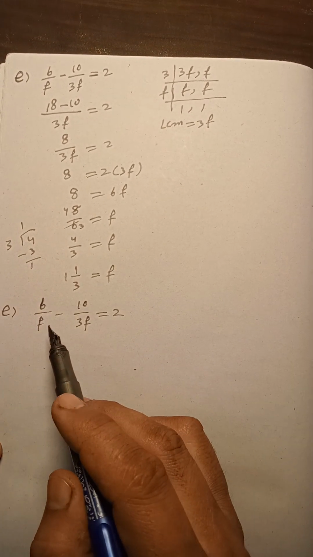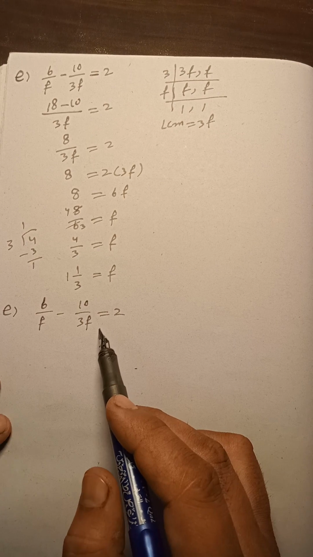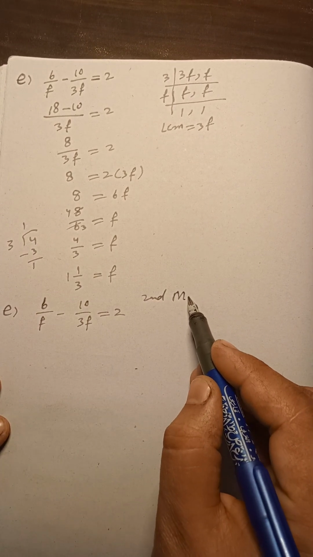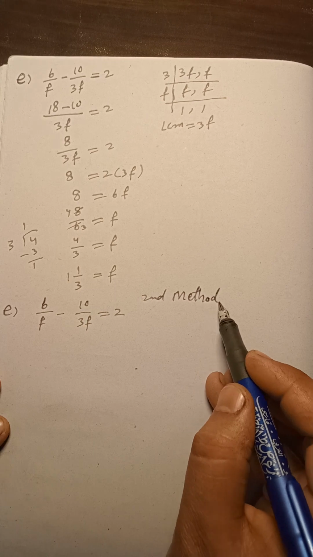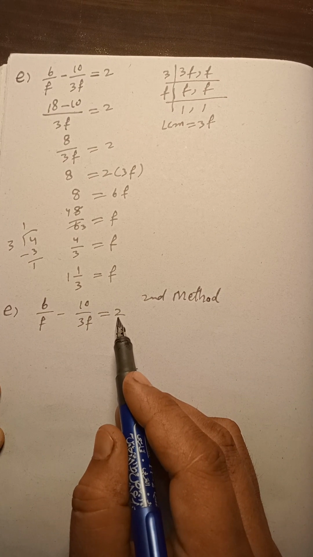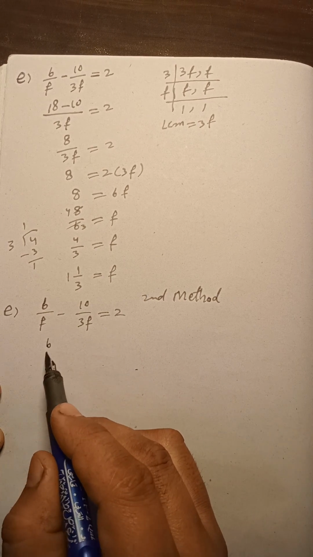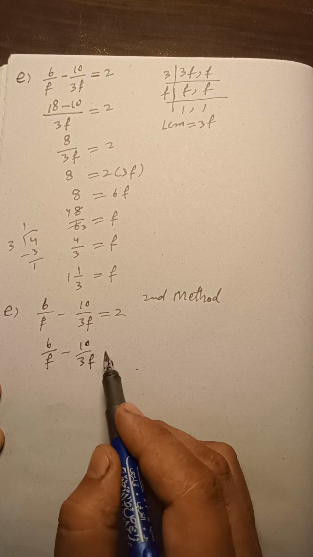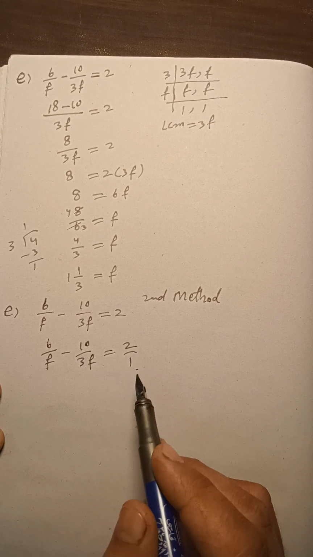Dear student, you can solve this E part with another method as well. For the second method, you know that you should make it a fraction as well. 6 over f minus 10 over 3f is equal to 2 over 1.